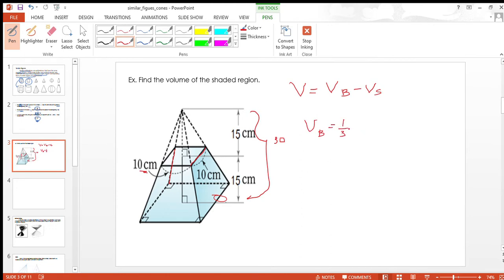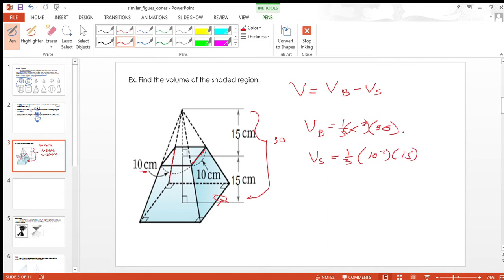Okay. The area of the base, since that's a square, so if we will call this as x, that must be x squared times the height, which is 30. While the volume of the smaller pyramid will be one-third area of the base, we know the length already of one side, that's 10, so that's 10 squared multiplied by the height, which is 15.